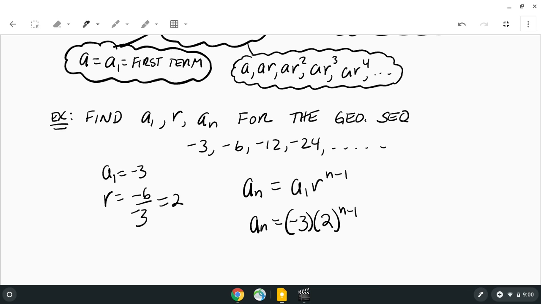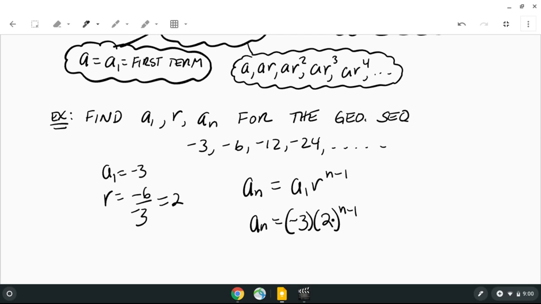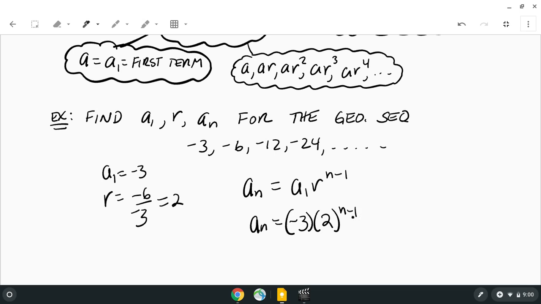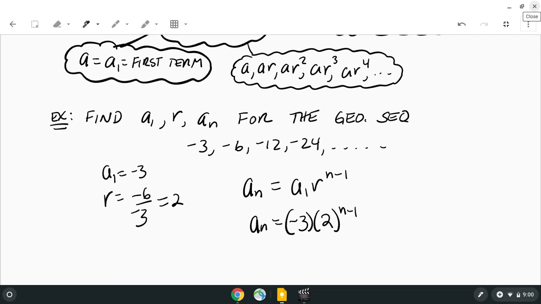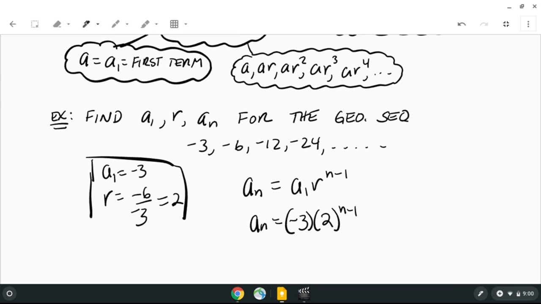This does not simplify to -6 raised to the n minus 1. Only 2 is the base with this exponent, not -3 times 2. So just leave it like this. Do not multiply these two together. Okay. All right, so here are our answers. This one right here and here too.